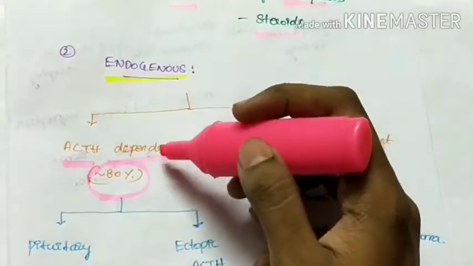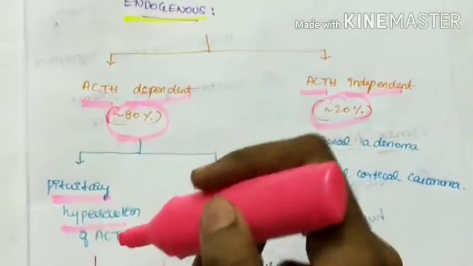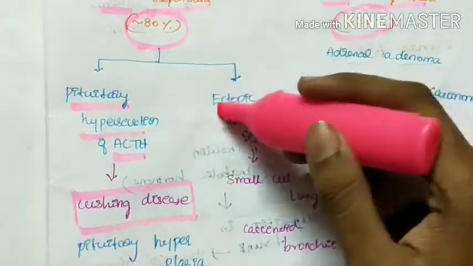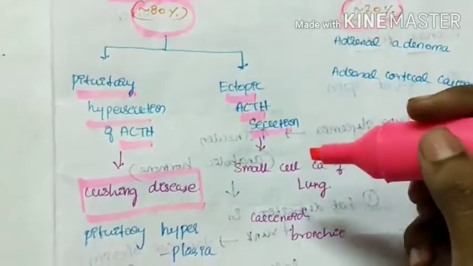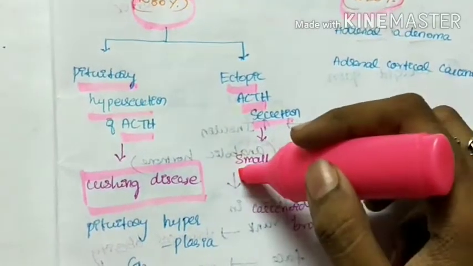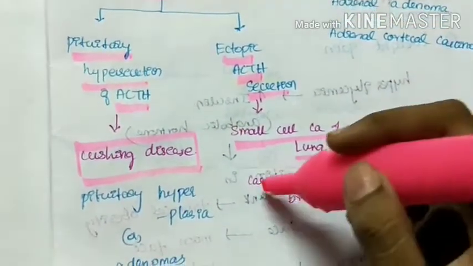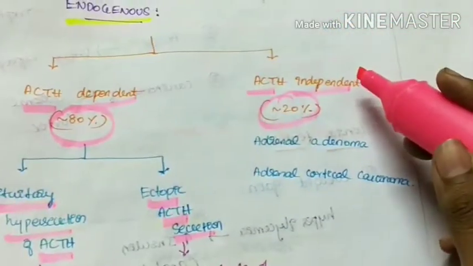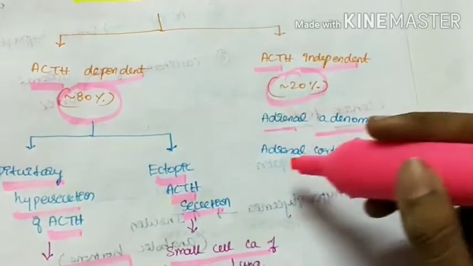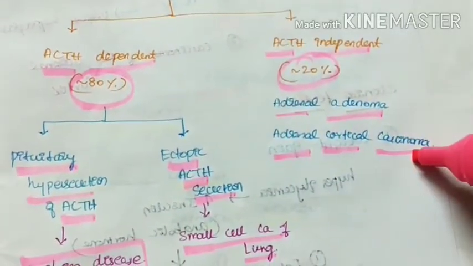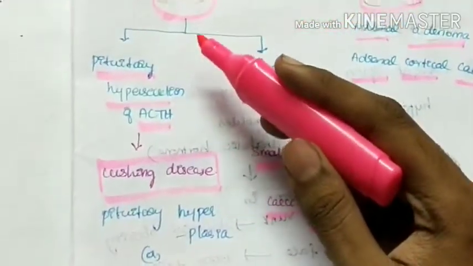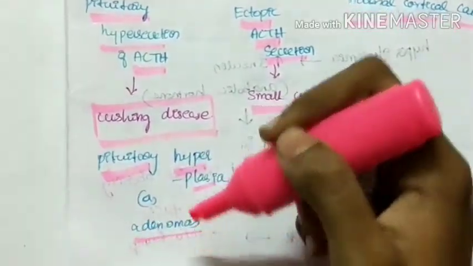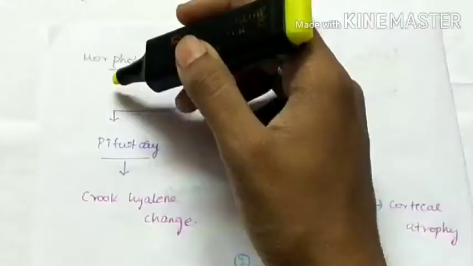So the ACTH dependent causes are pituitary hypersecretion of ACTH causing Cushing's disease, ectopic ACTH secretion by paraneoplastic syndromes like small cell carcinoma lung and carcinoid bronchi, and the ACTH independent causes are adrenal adenoma and adrenocortical carcinoma. So the ACTH dependent causes also include pituitary hyperplasia or adenomas producing Cushing's disease.